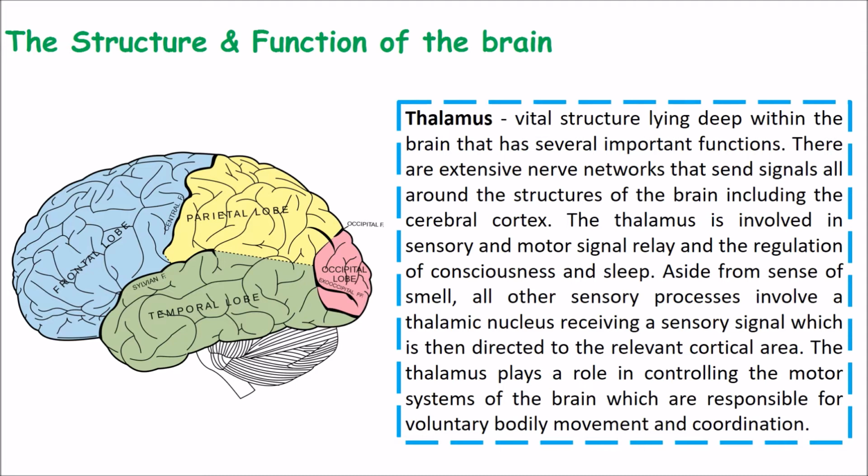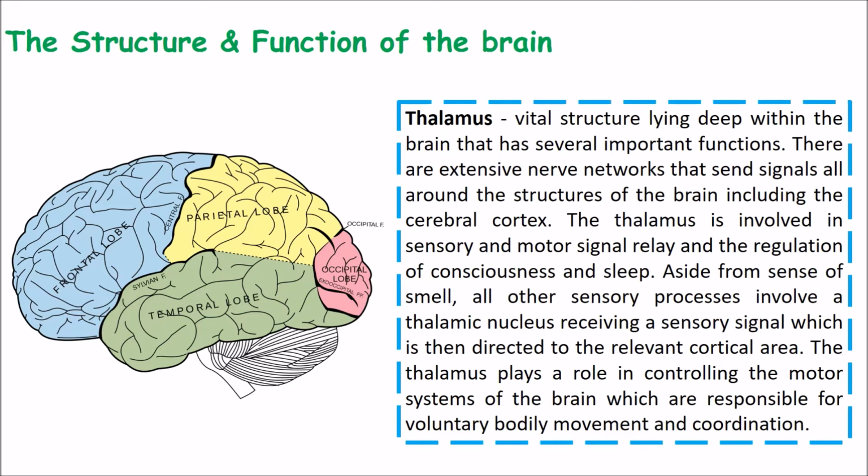The thalamus is involved in sensory and motor signal relay and regulation of consciousness and sleep. Aside from the sense of smell, in sensory processes a thalamic nucleus receives a sensory signal, which is then directed to the relevant cortical areas.